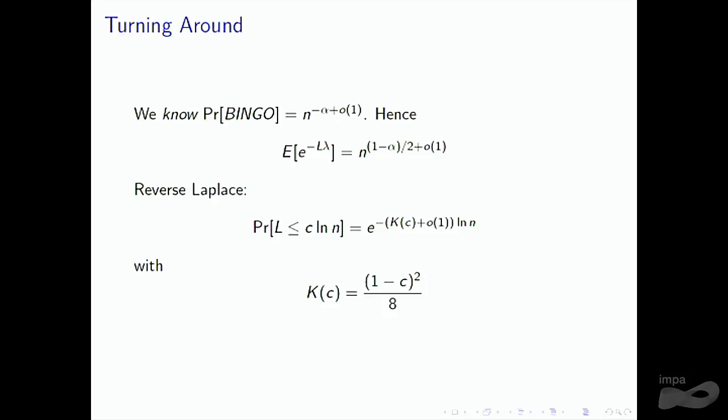So we can actually solve for the Laplace transform, and then we can take the reverse Laplace transform. If we know the Laplace transform, we get the large deviation. And what happens is the probability when c is less than 1, that L is less than c log n is given by e to the minus this number times log n, where this number turns out to have this very nice formula that we don't fully understand why it's so nice, but it is nice. It's 1 minus c squared over 8.